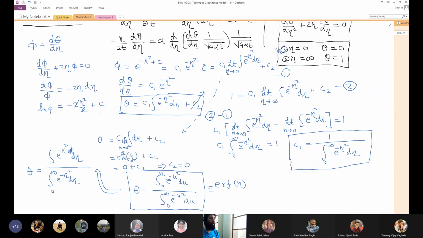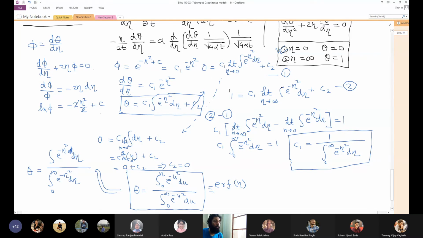Any question till this point? A little bit of messy algebra here, but I think with your knowledge of maths 1 and maths 2, you will understand how we make this definite integral and all other things. Nothing to do with heat transfer till now and towards the end. All we did is a little bit of mathematical juggling.